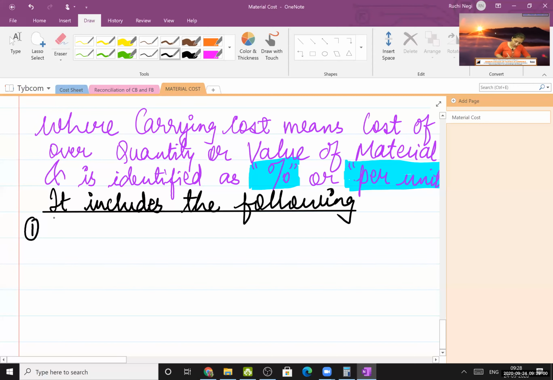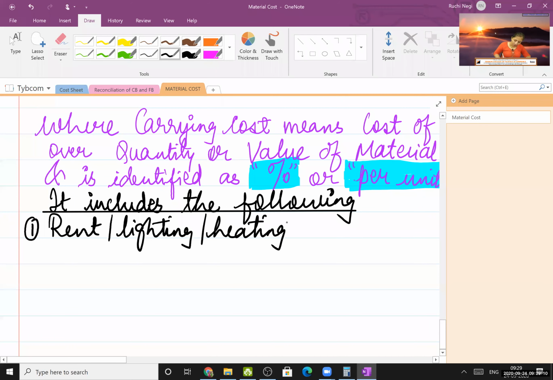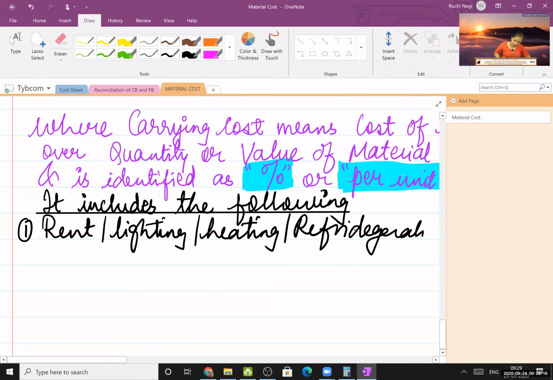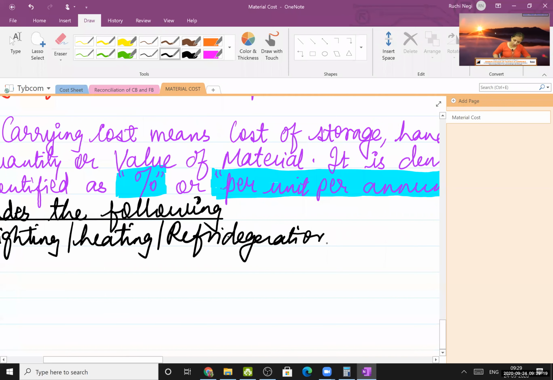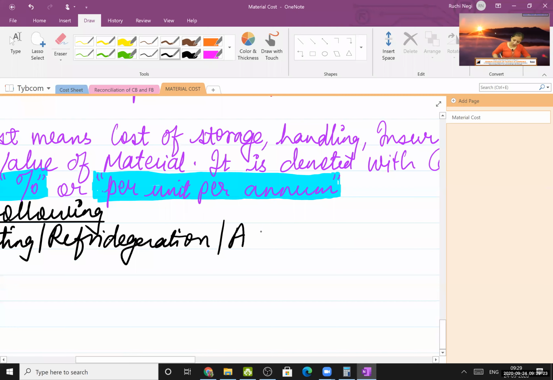Rent or lighting or heating or refrigeration or air conditioning, etc.